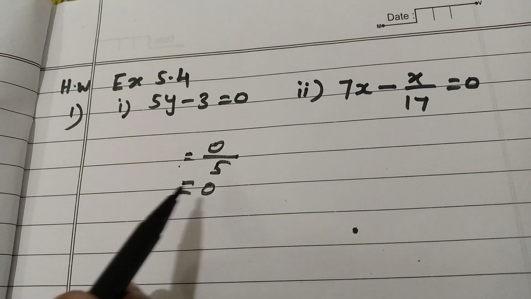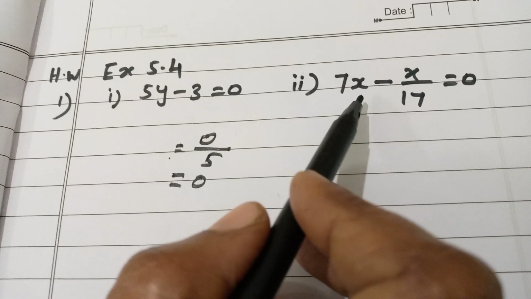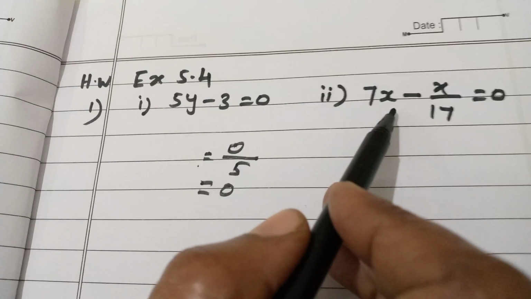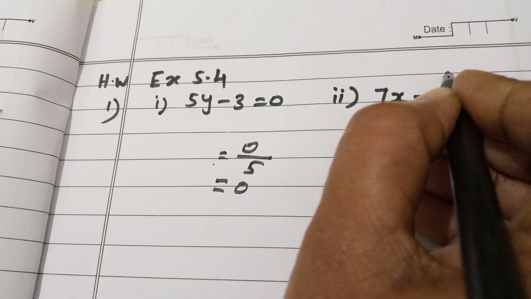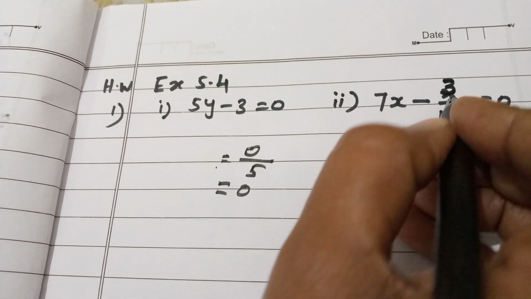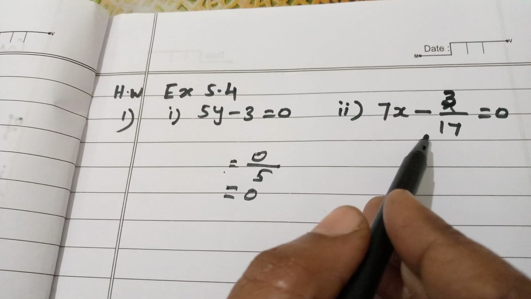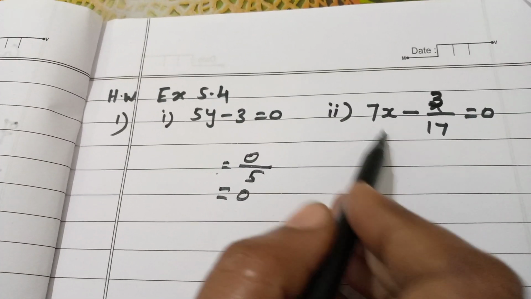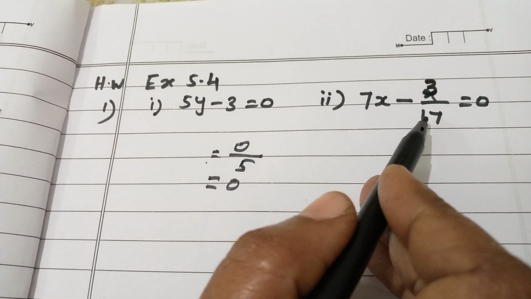First one. Okay, can you complete it? See the second one. 7x minus 3 by 17 equal to 0. Here the y term is missing. So in place of y you have to give 0. What is the formula? ax plus by plus c equal to 0 is the line.